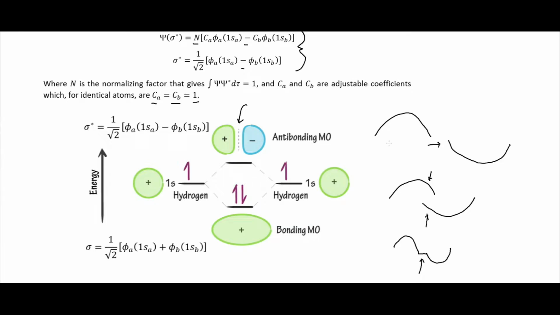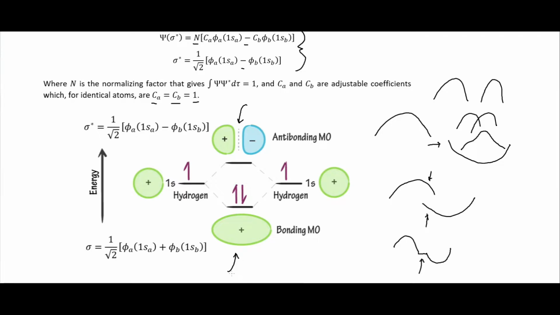But if they are the same, then we'd be adding something that looks like this. And when we put those together like this, then we would end up with something that's stronger in the middle like that. And so we actually get something that is sort of constructively interfering right there.